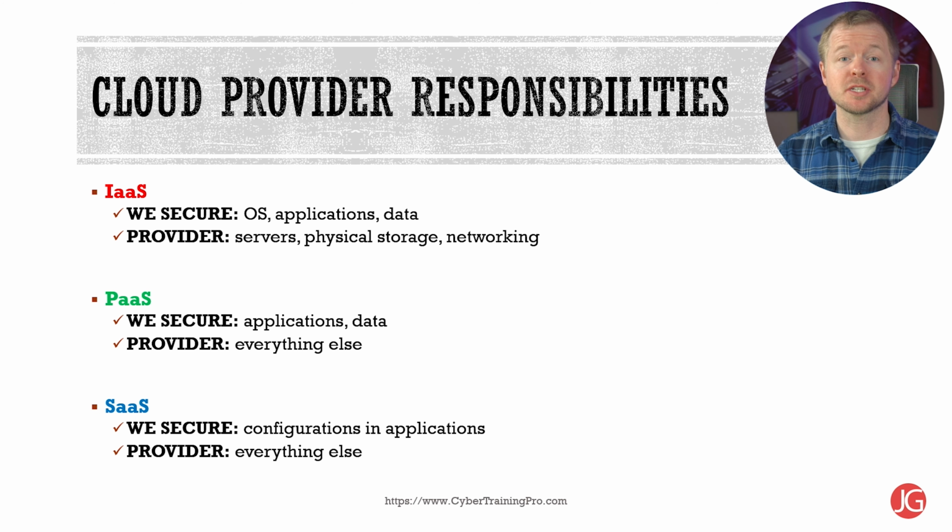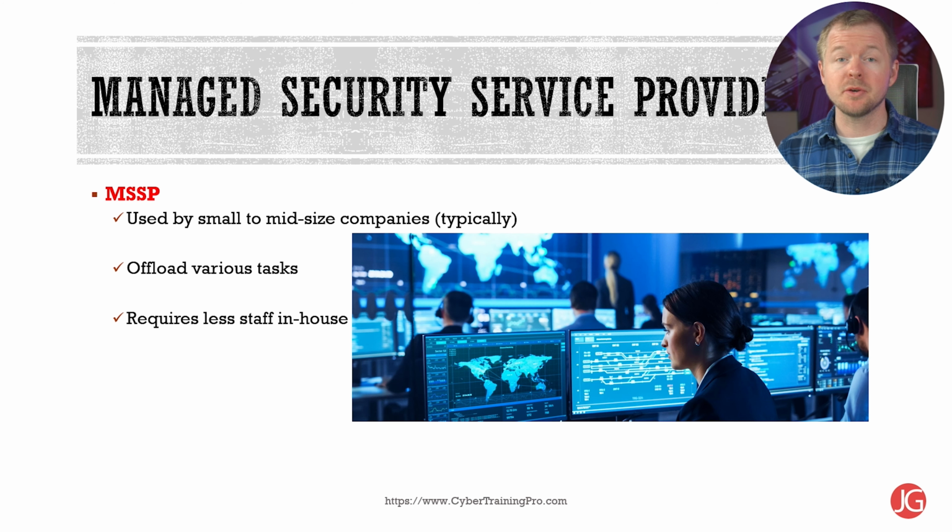The provider manages the servers, physical storage, networking, and data center. With platform as a service, we're only responsible for the applications that we load and the data. The provider handles everything else. And software as a service, we're responsible for the configurations within the application, but the provider is responsible for everything else.